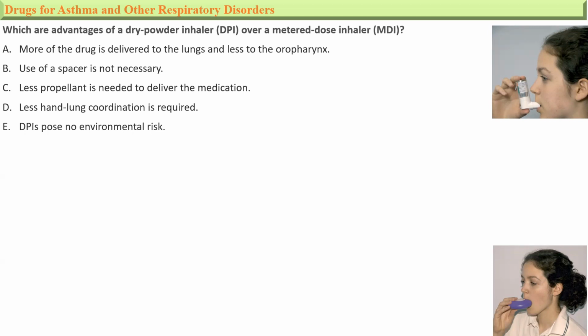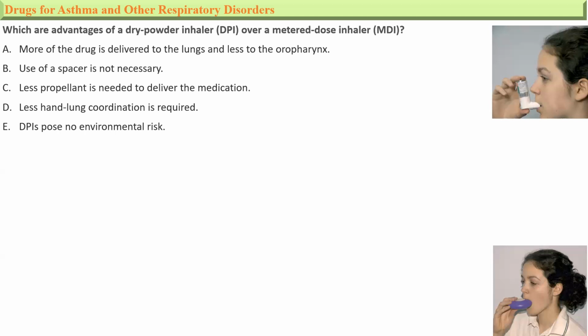Which are the advantages of DPI, the dry powder inhaler, over MDI, the metered dose inhaler? So DPIs deliver more drug to the lungs, about 20% of the total release compared to 1% for MDIs.